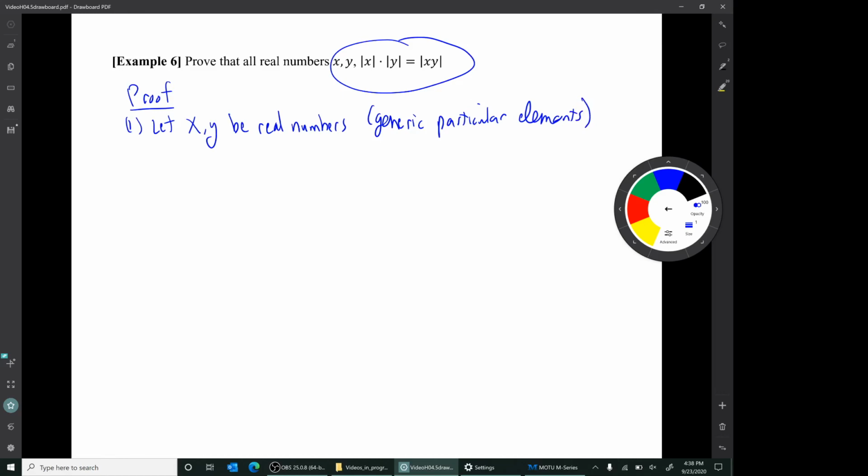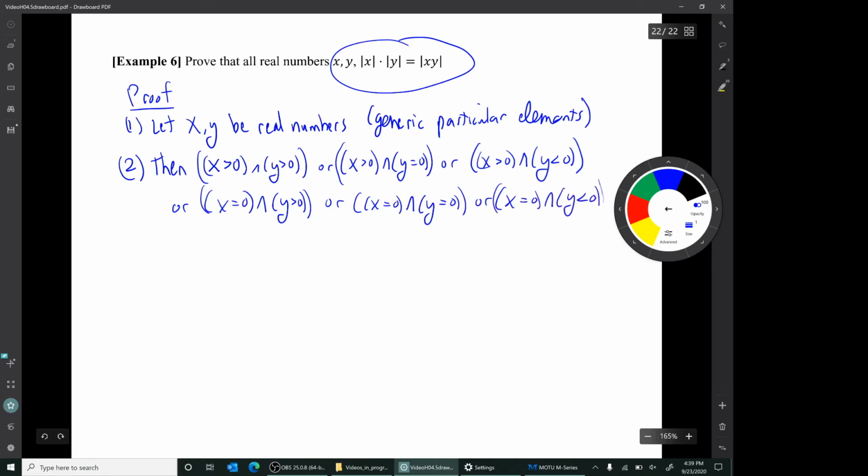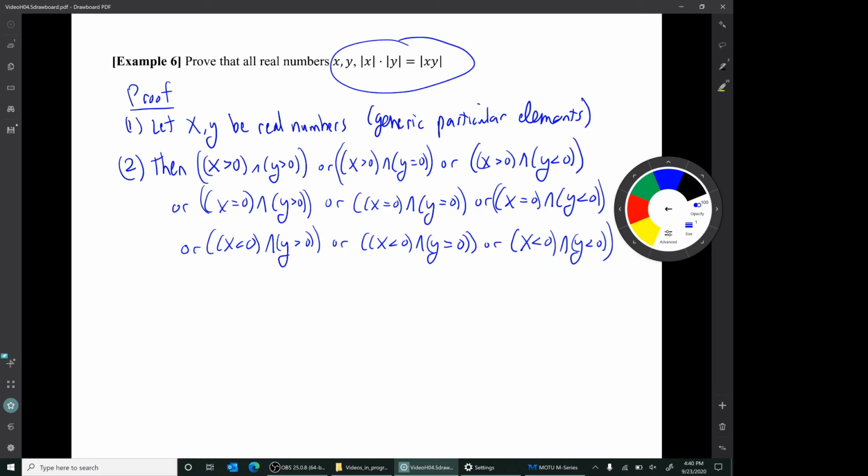Let's think about a big OR statement. So look, there are 3 possibilities for x, and there are 3 possibilities for y.